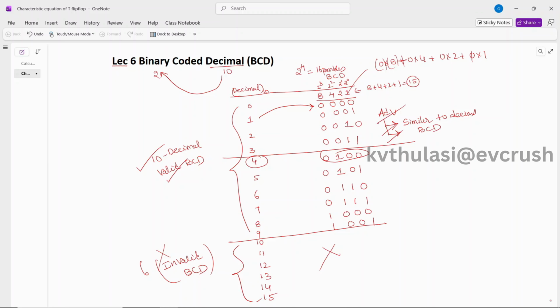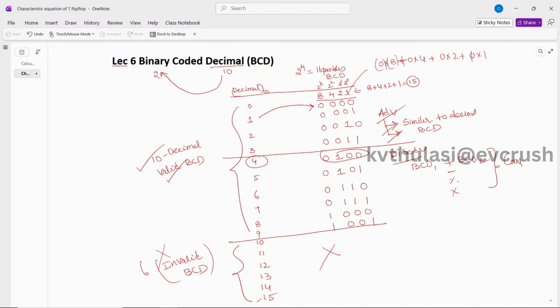That's the advantage. Coming to the disadvantages, when you write a decimal number in BCD, the addition of two BCD numbers is very tough. Subtraction of BCD is also tough. Multiplication as well as division. So the arithmetic operations of BCD are very complicated.